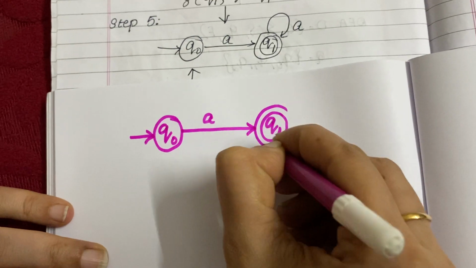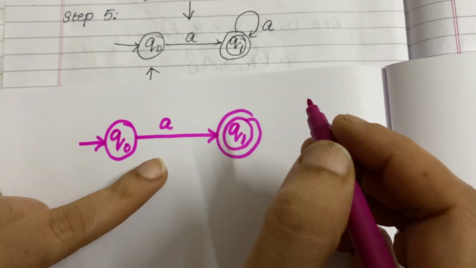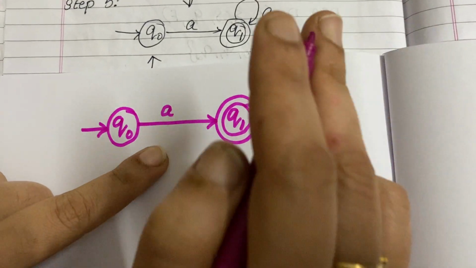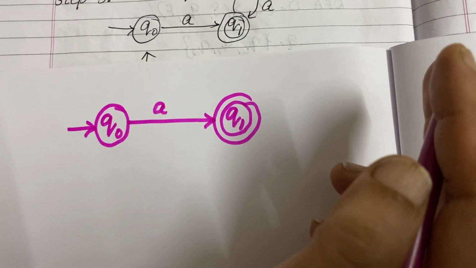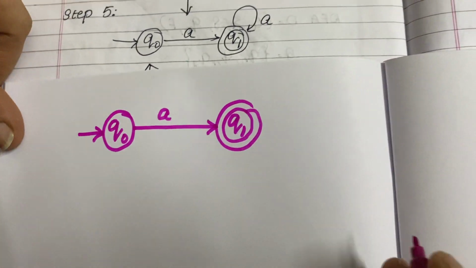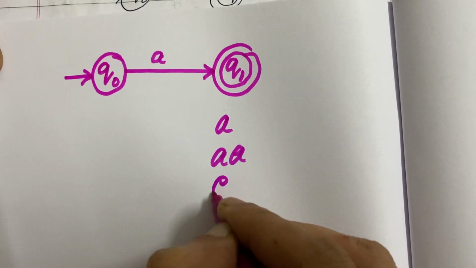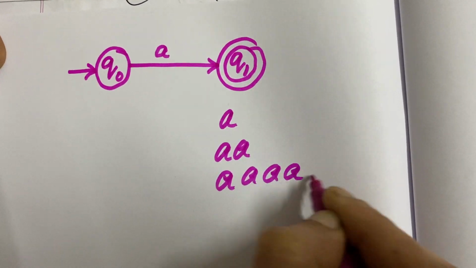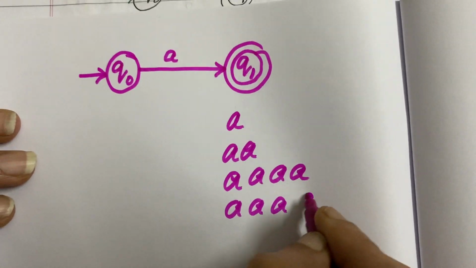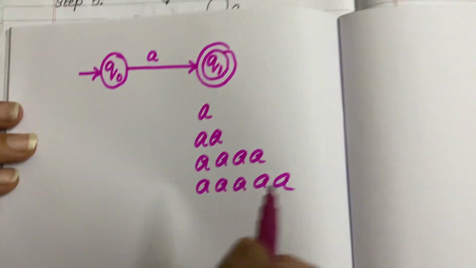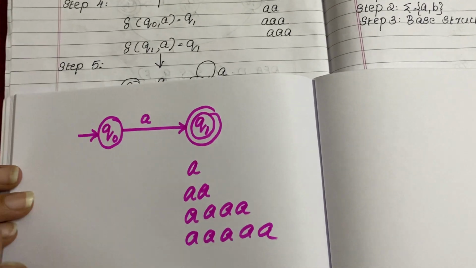So we have done the base structure. You can have one A or any number of A's, but there must be at least one A, and then the string must be accepted by the DFA.